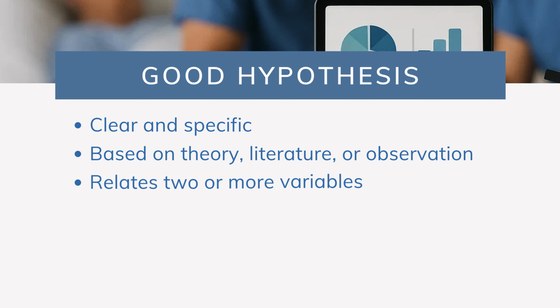Your hypothesis must relate at least two variables. One variable is not enough. For example, you must state a predicted relationship like knowledge affects compliance. This relational structure is what allows you to apply statistical testing.